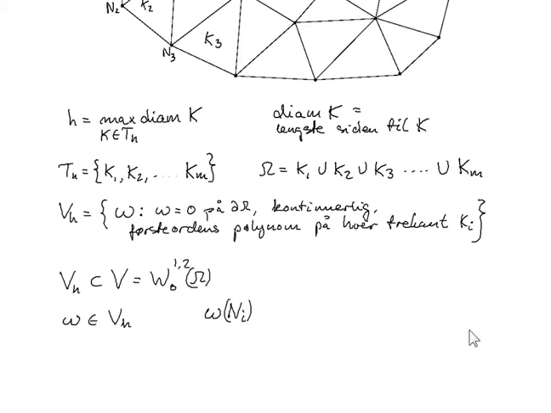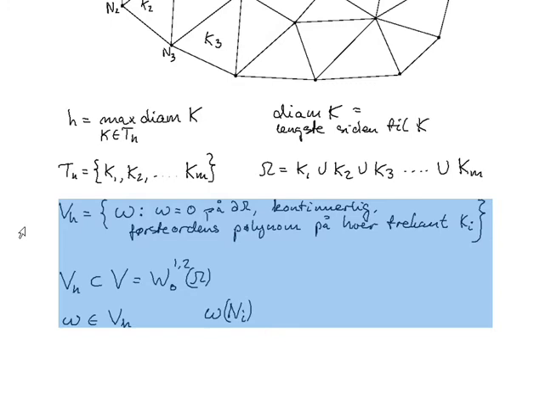Okay, in order to define a finite dimensional function space of this Hilbert space, we do as follows. We consider functions w, where w is 0 on the boundary, continuous, and a first order polynomial on each triangle Ki.